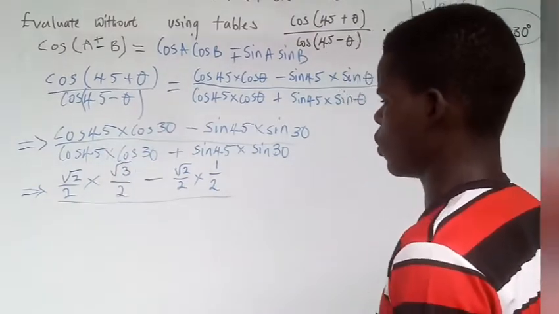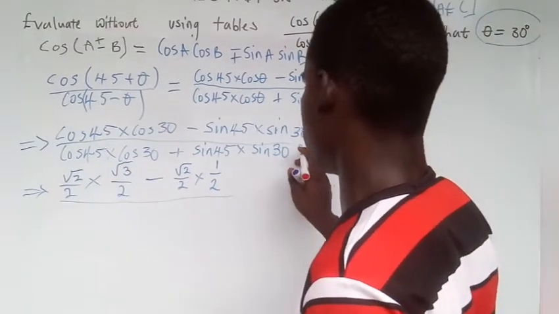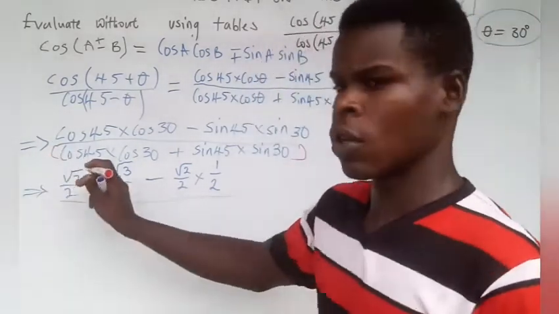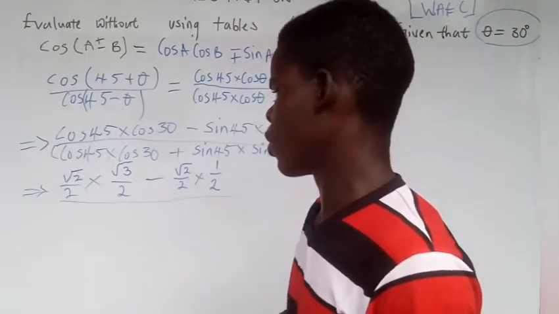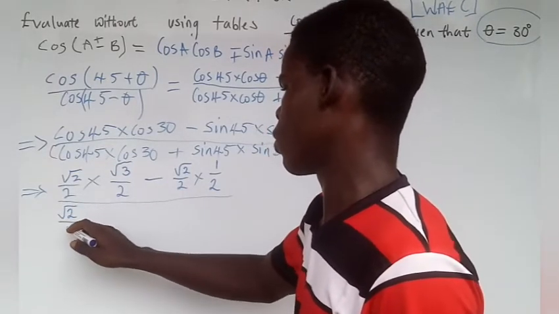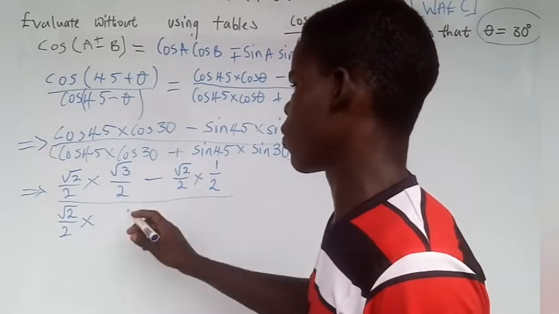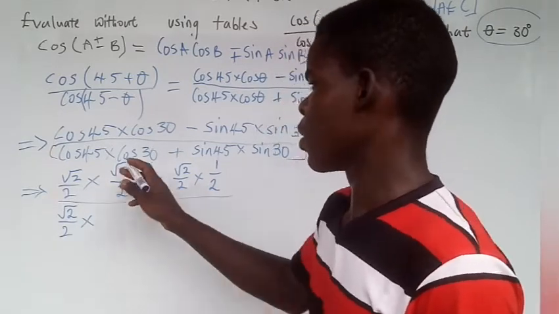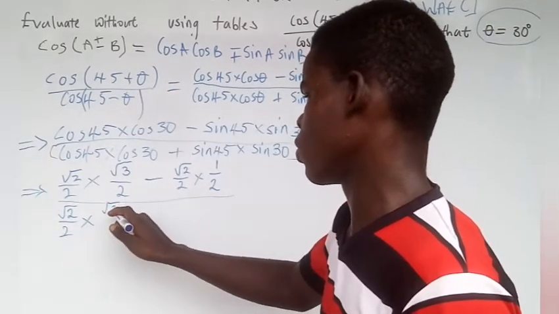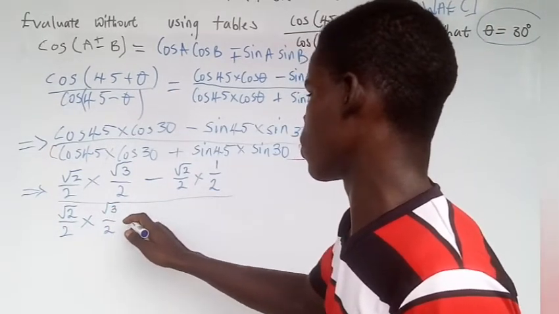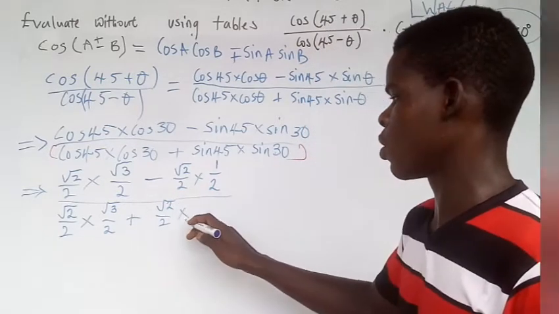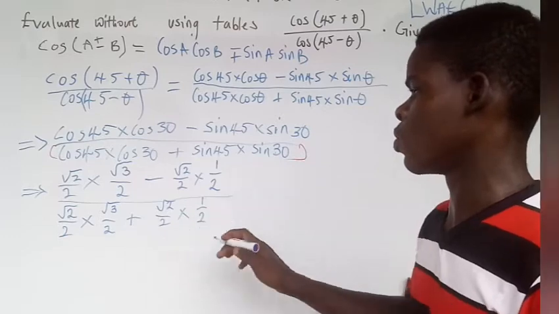Now we go with the denominator. That will become cosine 45, root 2 over 2, times cosine 30, which is root 3 over 2, just the same thing here, only this sign will differ, plus root 2 over 2 times 1 over 2.